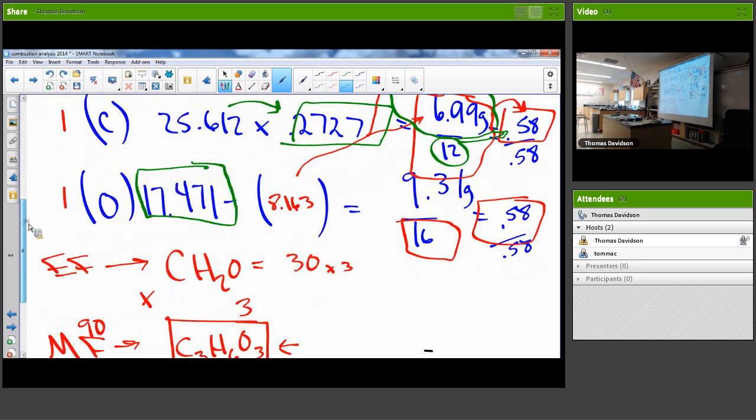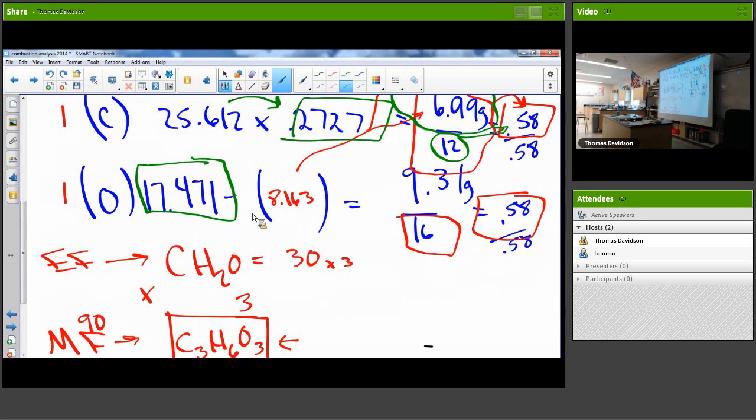A lot of people that got it wrong first hour, they divided that number by 16, not the difference by 16. All right, when you do that, you get 9.31. Then that's grams, so you have to divide by 16, and you get 0.58.